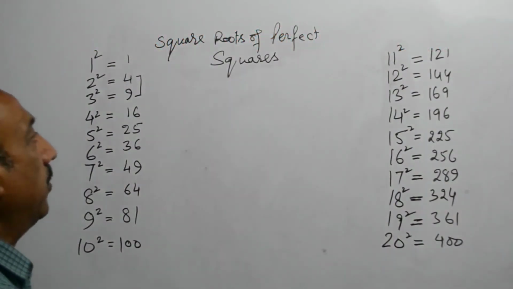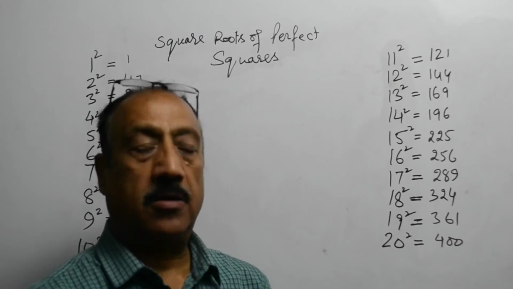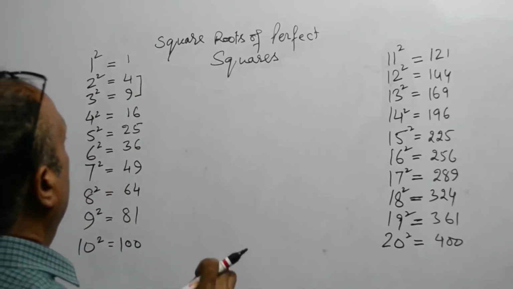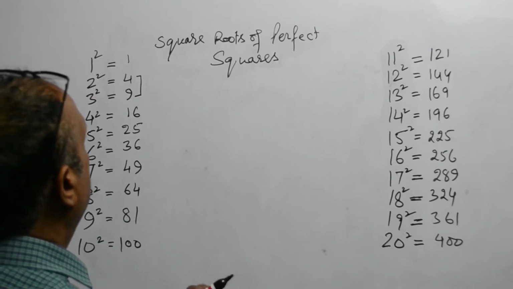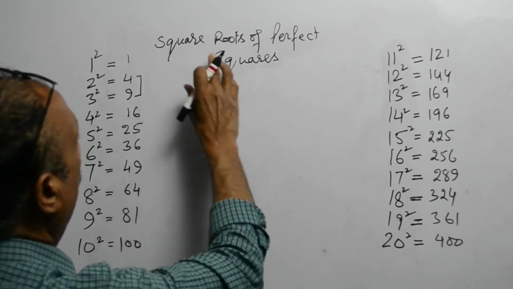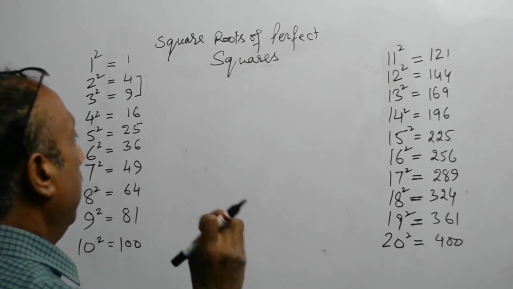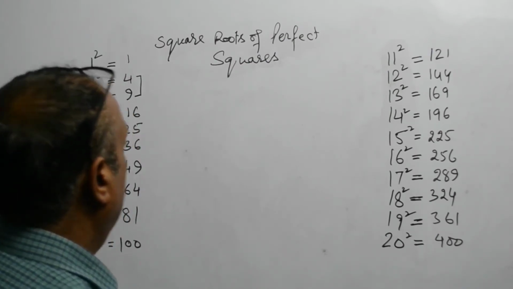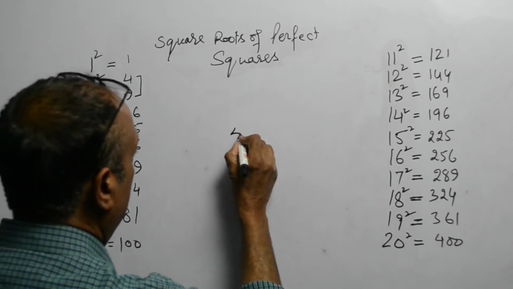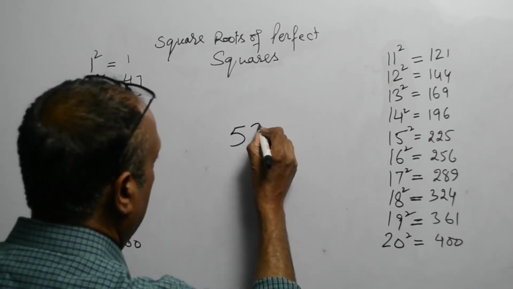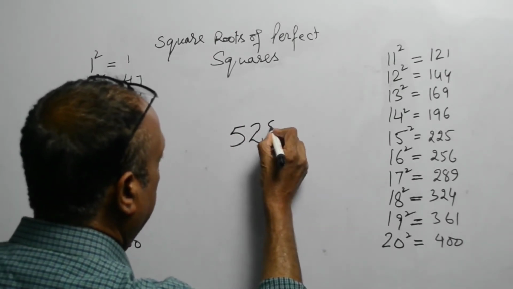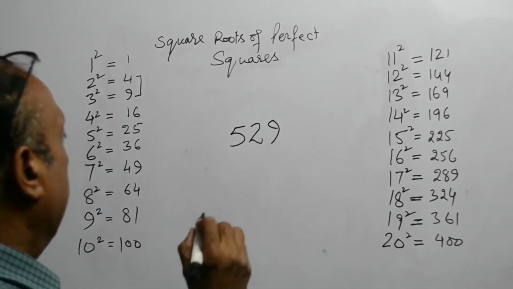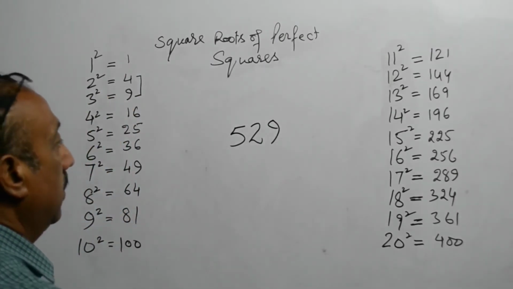In the last video, we discussed the concept of perfect squares. Now we are going to discuss a method of taking the square root of a perfect square without doing many calculations. For example, we want to find the square root of 529. 529 is a perfect square and we want to take its square root.